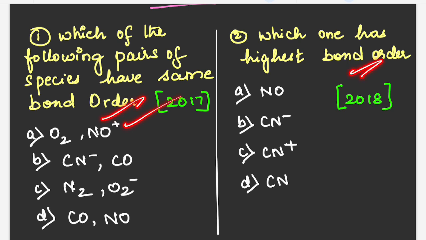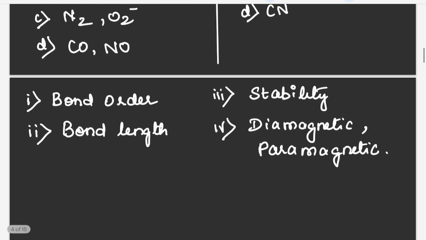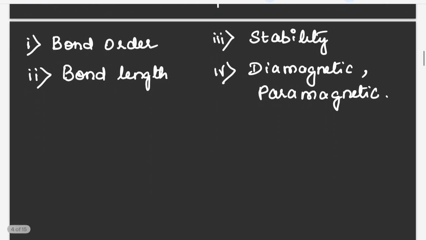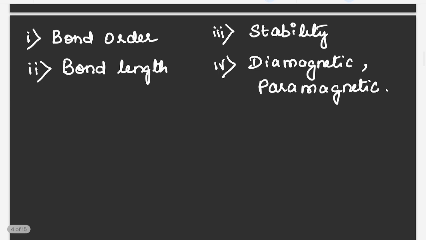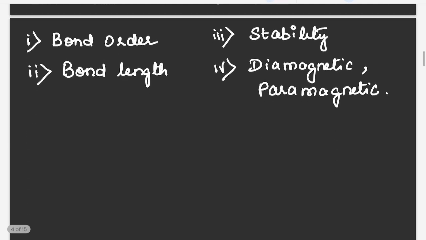One thing you can see in common is that they are asking about bond order, so you have to find the bond order. Here are the four important kinds of questions that can come from this concept. They can ask about bond order, as we have just seen. Species will be given like this and you have to find their bond order.